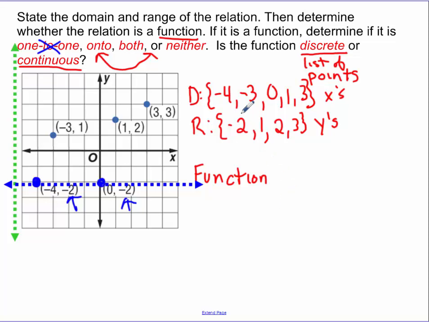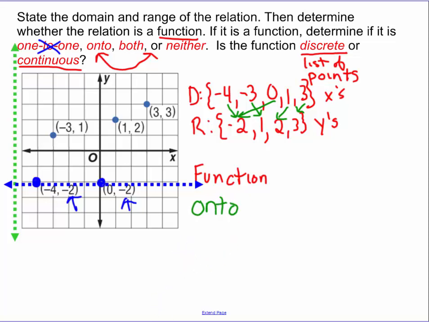So I have -4 is paired with -2. -3 is paired with 1. 0 is paired with -2. 1 is paired with 2. And 3 is paired with 3. So each one of these different x values has a y value. I don't have any y values down here that aren't paired with an x. So it is an onto function.